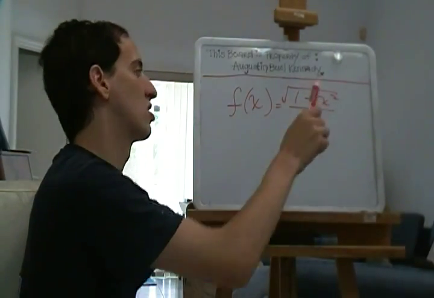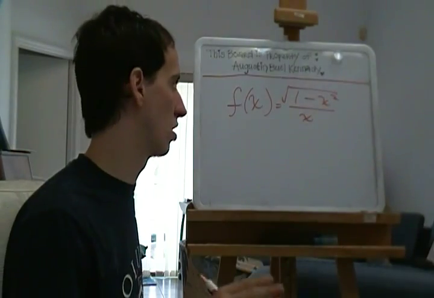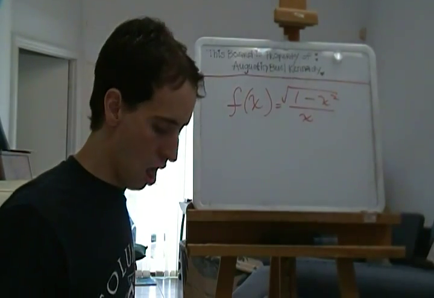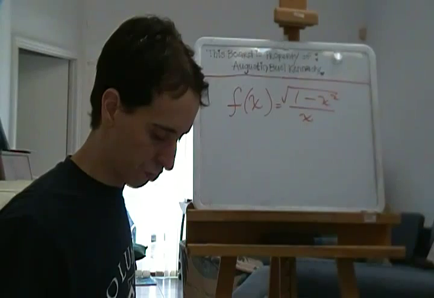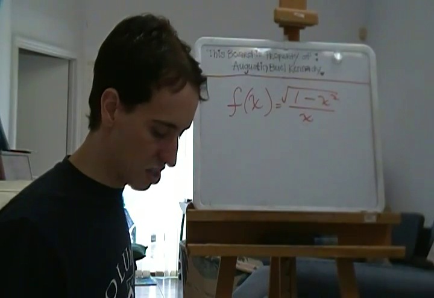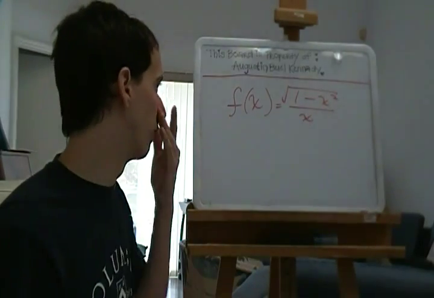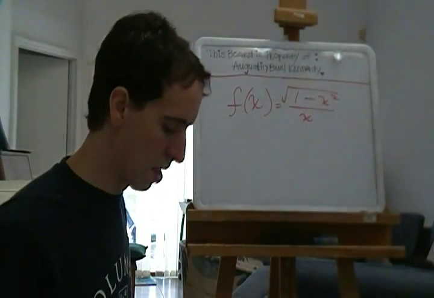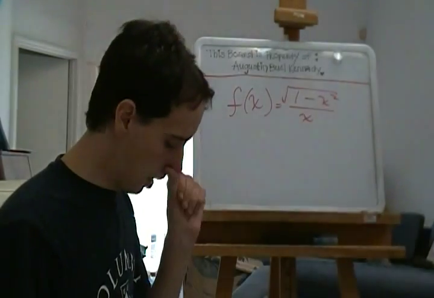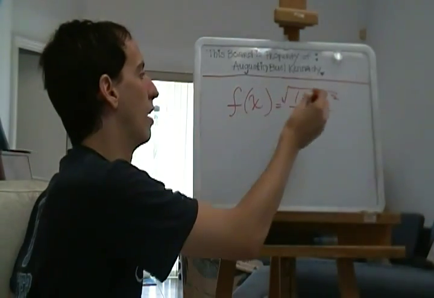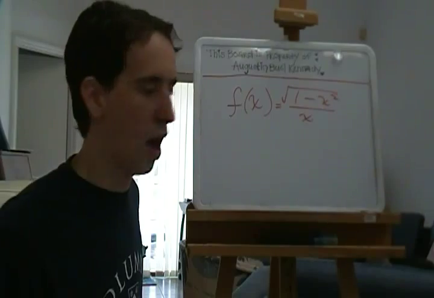We need 1 minus x squared to be greater than 0. As long as that happens, we're good. Which of course only happens over a very short period of time, between 1 and -1, and not 0.